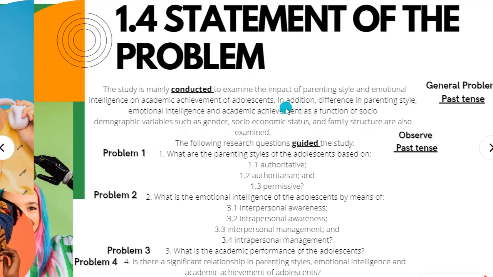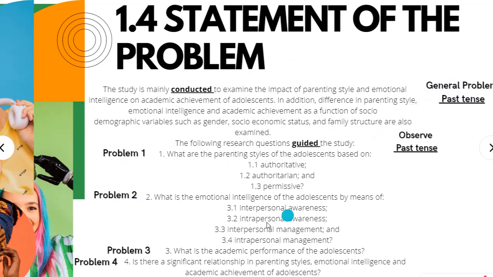Kay inig human man jud sa research good, like you're done na, di ba? So imo na siyang i-past tense kay para it's done naman. Just observe past tense guys.